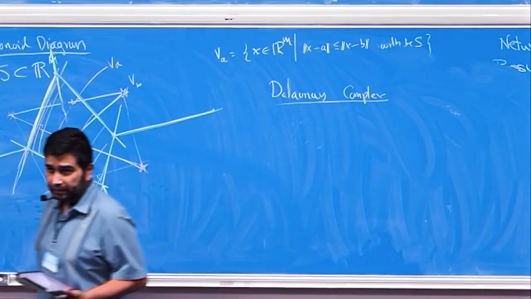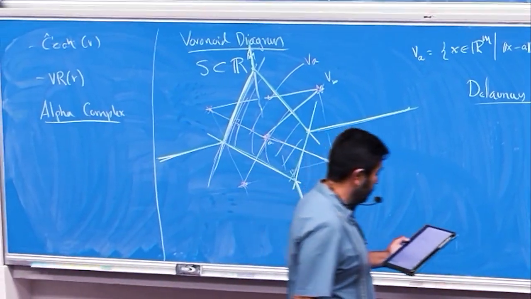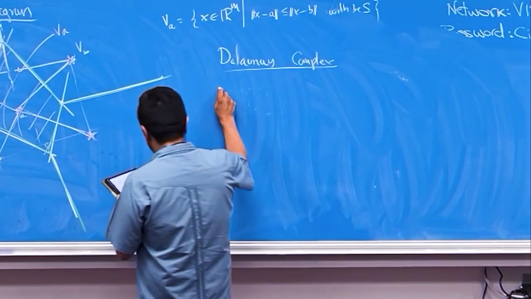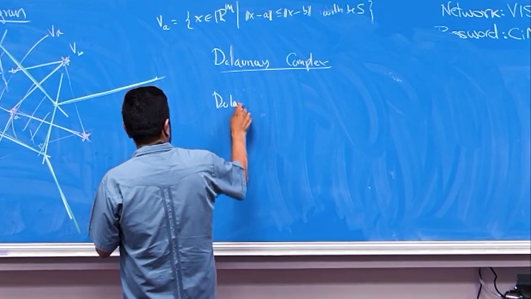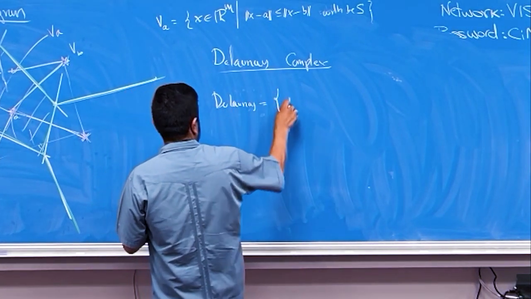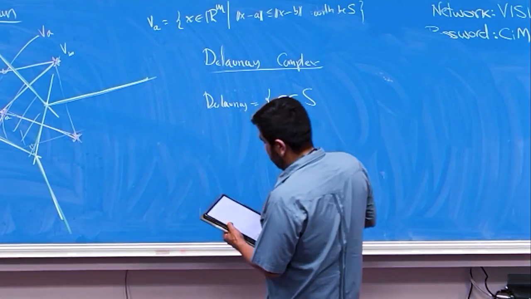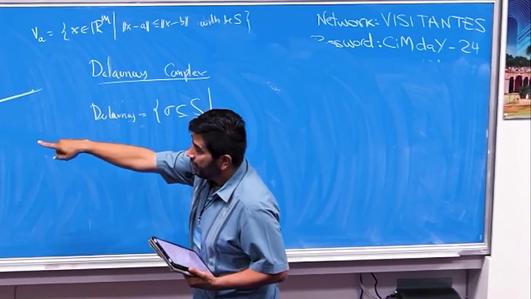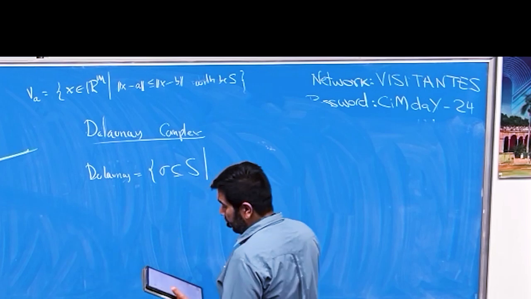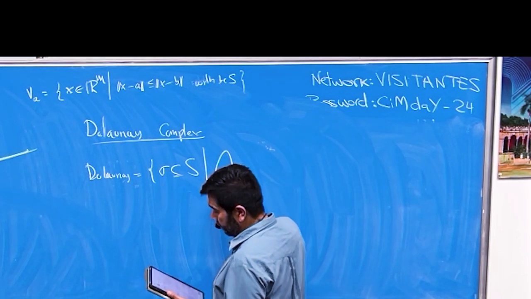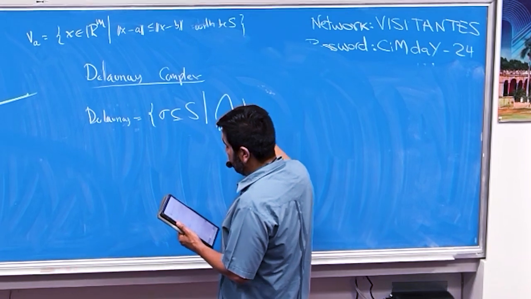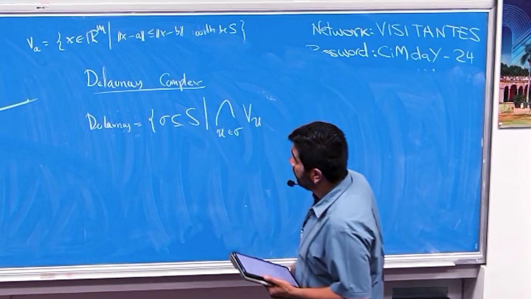The Delaunay complex is just the subsets of S, where S is the set of purple vertices, such that the intersection of these Voronoi cells is not empty.